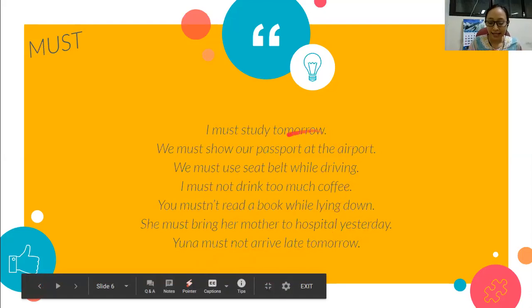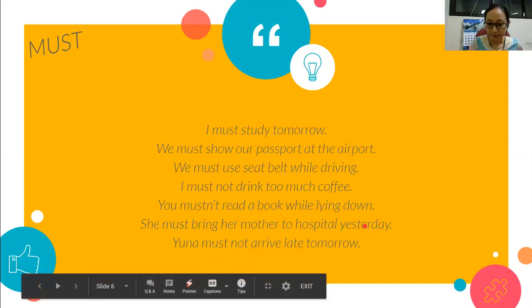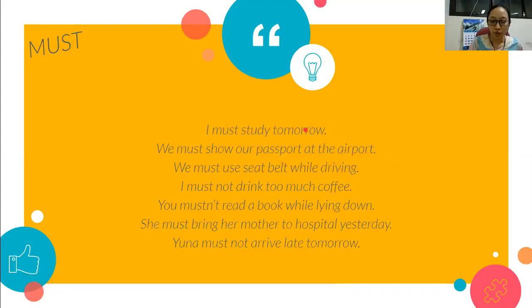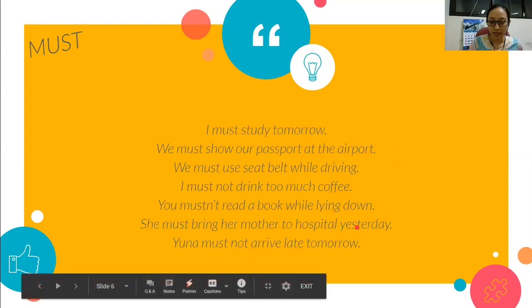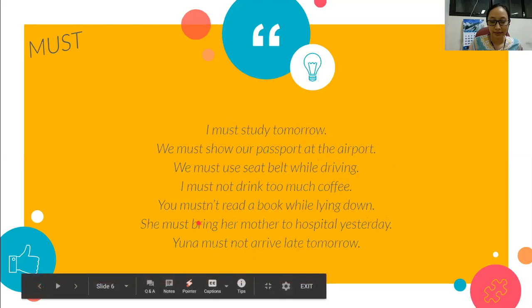Okay? Lihat di sini ada kata tomorrow, ada yesterday, dan juga ada present situation. Ini bisa dipakai untuk present situation. Nah, tomorrow, yesterday, berbeda situasi, tapi tetap we use must.